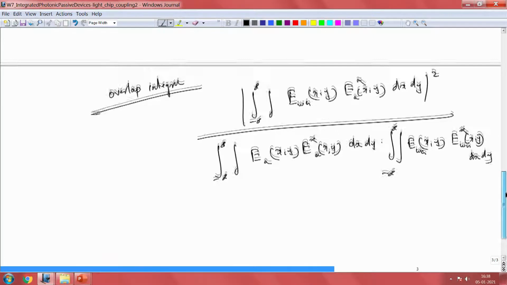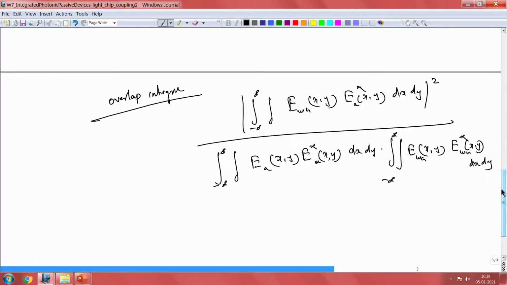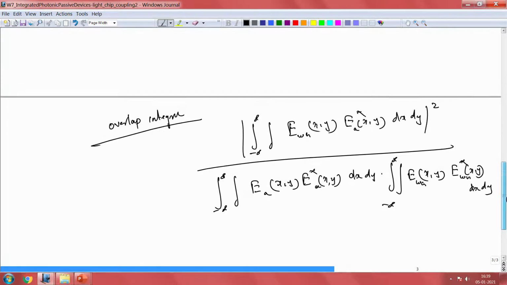So, this is basically our overlap integral. How much of the field overlaps between the waveguide field and the input field that you have. That E_A(x, y) could be from multiple sources.